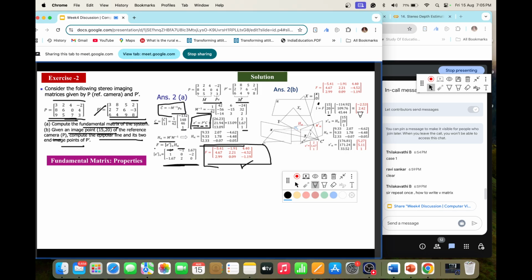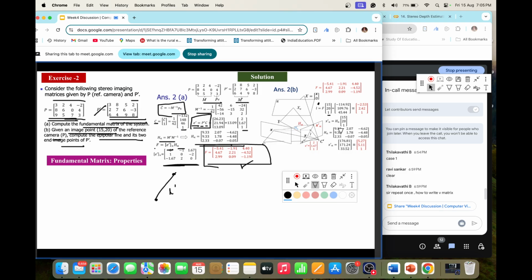And the second thing is to compute the epipolar line of the end image points of p dash. That means whatever the epipolar line that will be formed, L dash, you just find the end points of this epipolar line. It's very simple. You just multiply this homography matrix into your image point that is given, 15, 20.